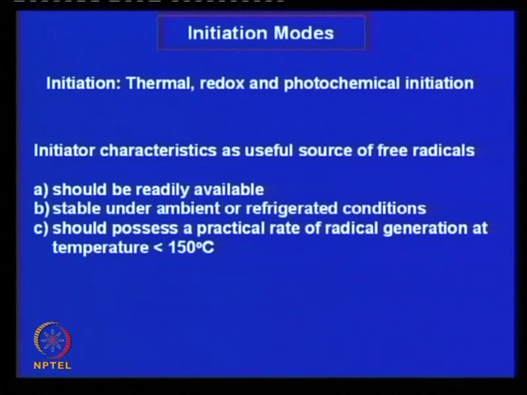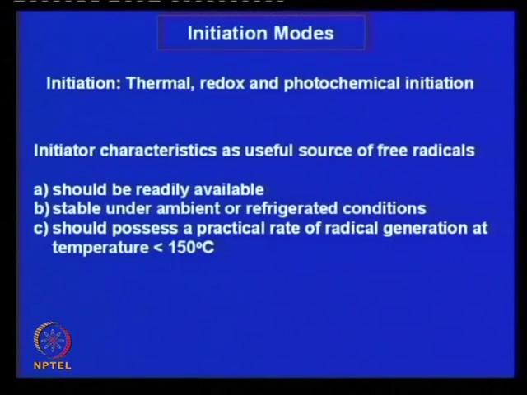I have mentioned in general that an initiator decomposes to produce two primary free radicals. What are those initiators and how are they decomposed? They must be excited by different forms of energy, maybe thermal energy, maybe light energy, or maybe chemical energy.